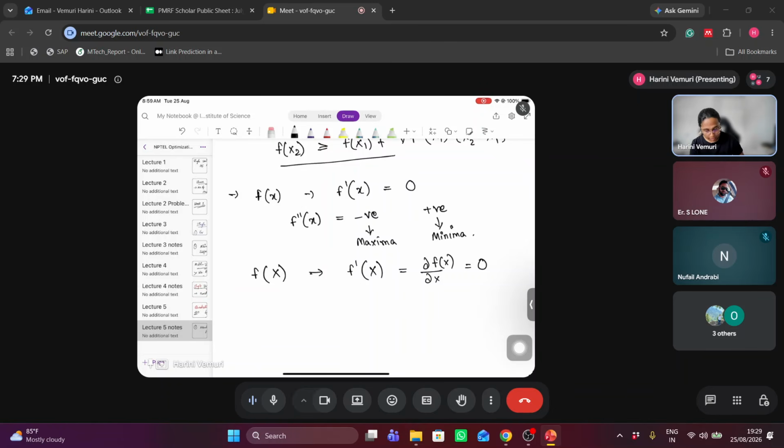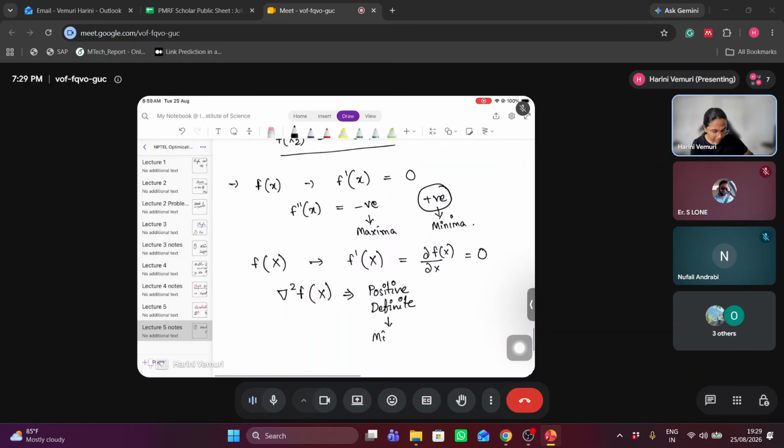And similarly for this case, we have to do double differentiation also. In double differentiation, to understand whether we have maxima or minima, if the Hessian matrix is positive definite, like here, if it is positive sign and here it is positive sign, then we have minima.